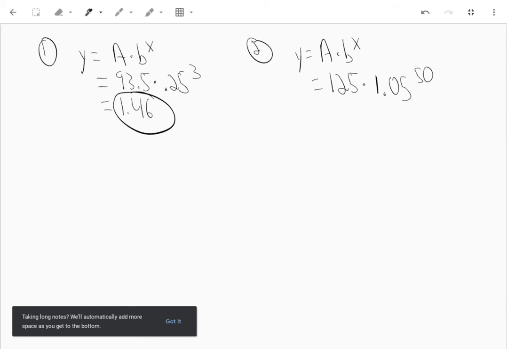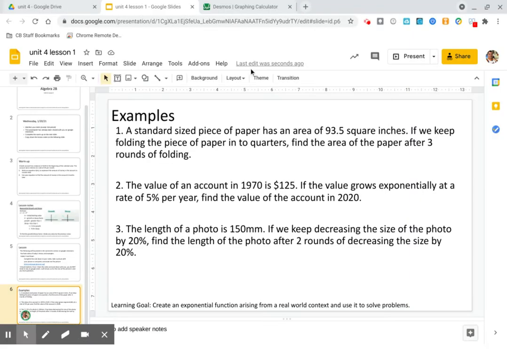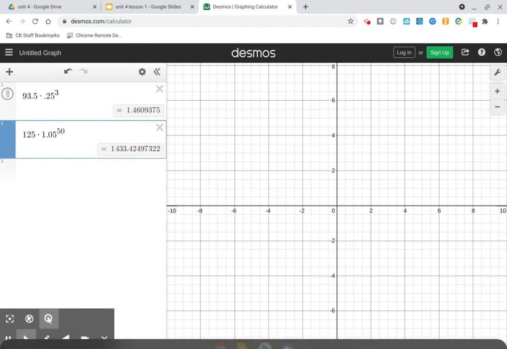So, to find the value of the account 50 years later, I need to calculate 125 times 1.05 to the power of 50. So, let's go ahead and do that. So, 125 times 1.05 to the power of 50, and we can find the value of the account.